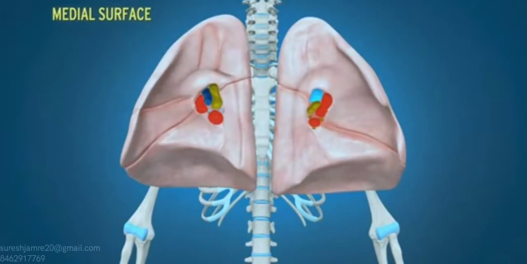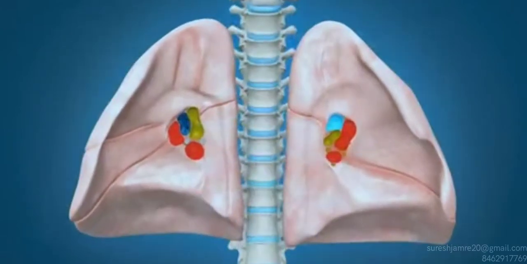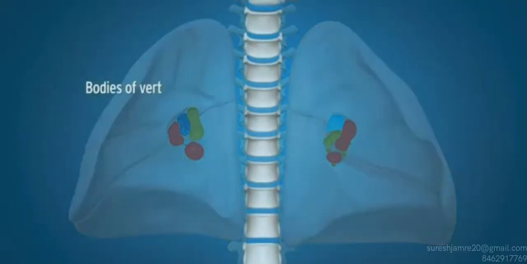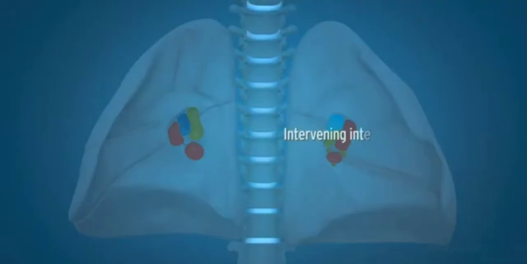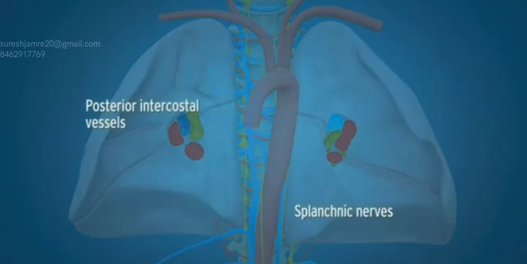It is divided into anterior mediastinal surface and posterior vertebral surface. Vertebral surface is related to bodies of vertebrae, intervening intervertebral discs, posterior intercostal vessels, and splanchnic nerves.